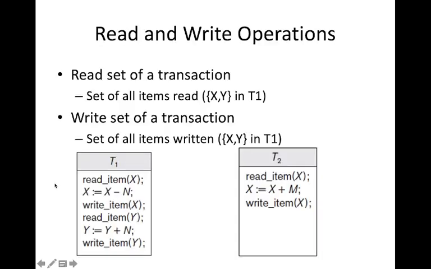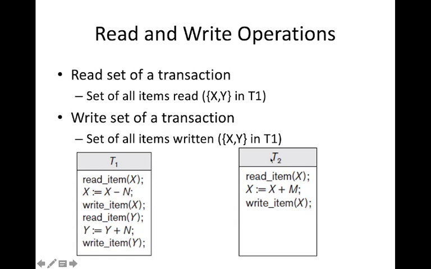What happens is that T1 won't be executed completely. In between, some operations of T2 will be executed. For example, after T1 does read item X and X equal to X minus N, T2 executes in an interleaved manner.